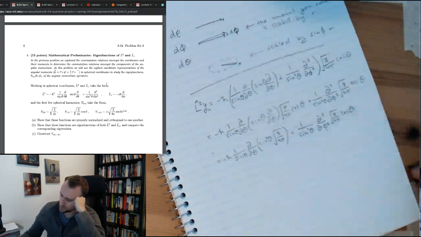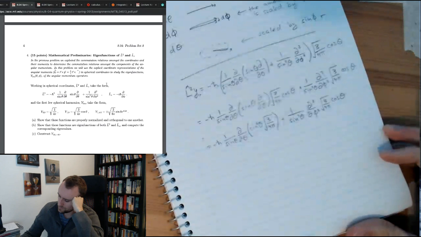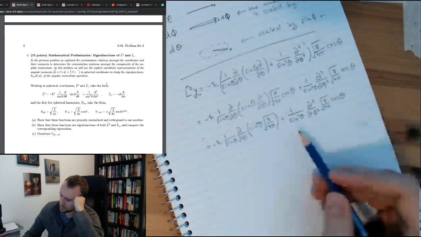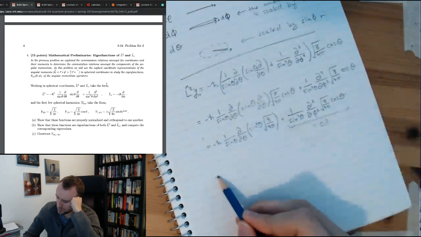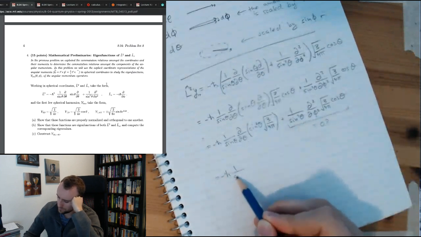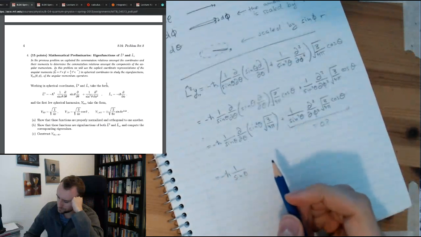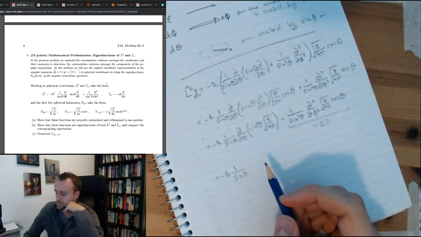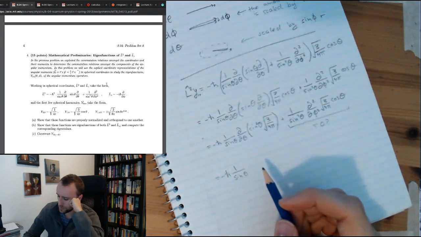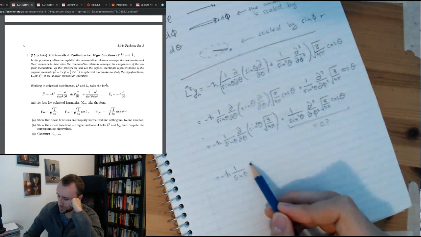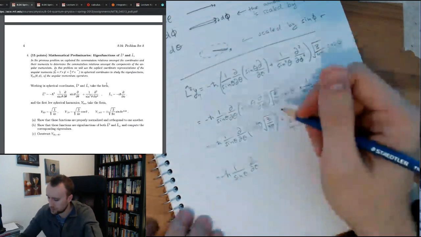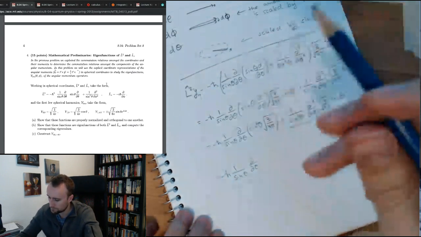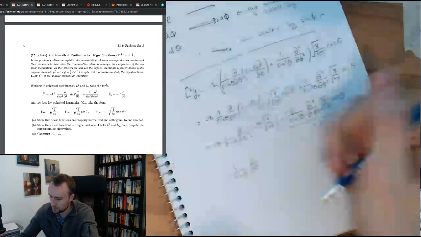Or the derivative with respect to phi is going to give us what? Well, this is going to just cancel, I think. Put a question mark there. And then if we do this again, derivative of sine squared theta, we can just move the h bar.